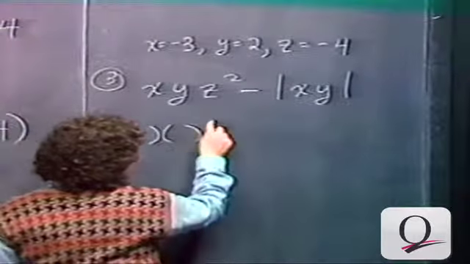What about 2 to the 4th times 2 squared? That would be 16 times 4, or 64. And what about 2 to the 6th power?